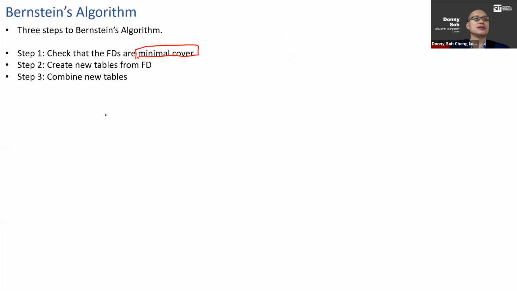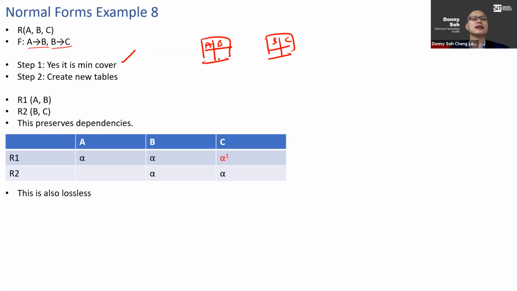Then after that, the third step is to combine. In this case, there's nothing for us to combine. We will go through some cases whereby we may need to combine some tables. So step 3 is done. Okay, let's check. Does it preserve dependency or not? We recall last time we looked at how we can add in the alphas.